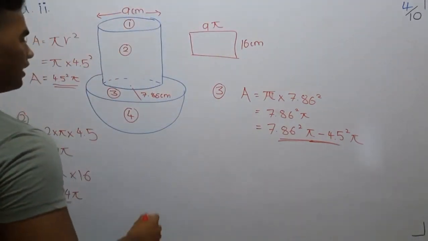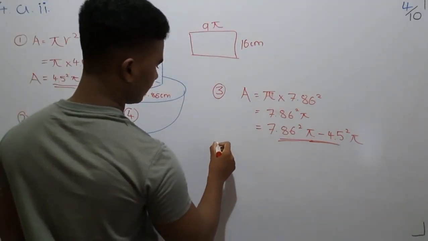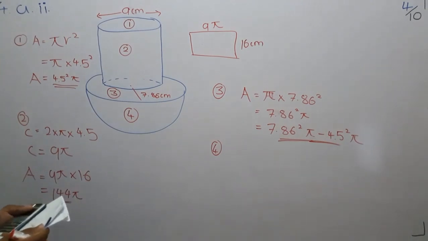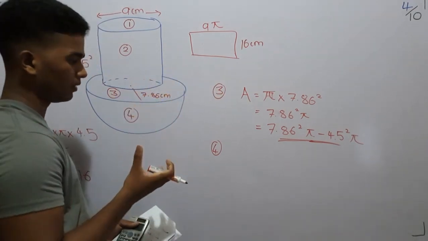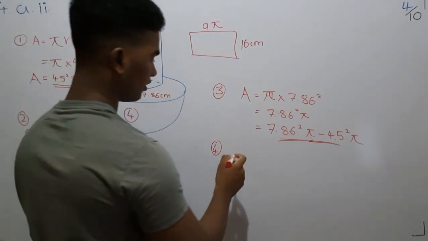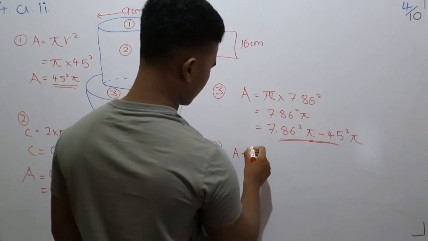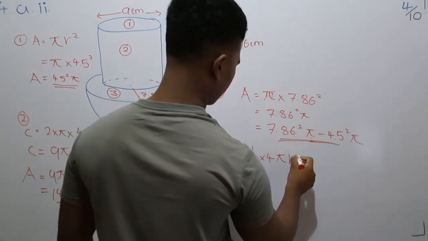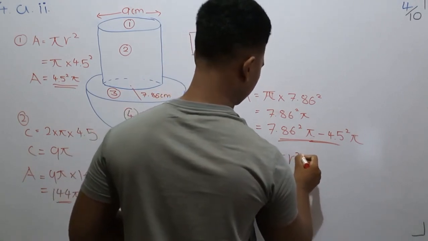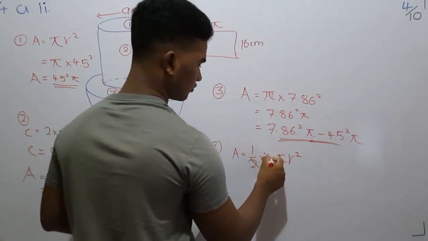Area number 4, they have given as the surface area of a sphere. Again, keep in mind the surface area of a sphere is the full circle, but what we need is half of that. So area equals half into 4 pi r square. This 2 and this 4 will get cancelled.